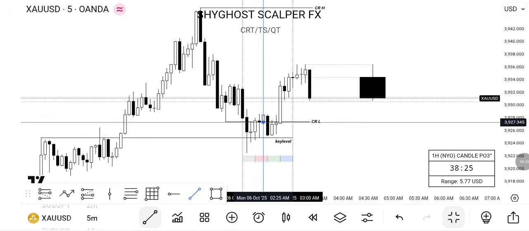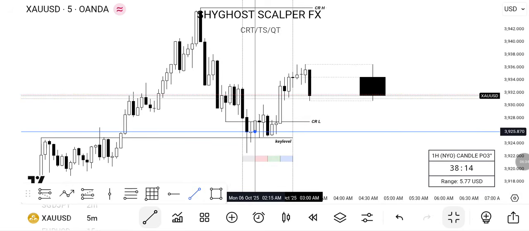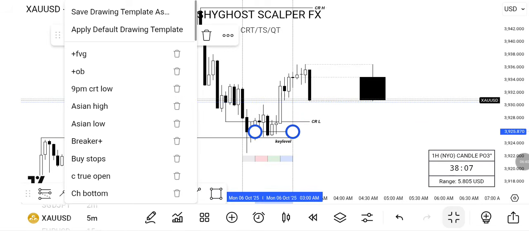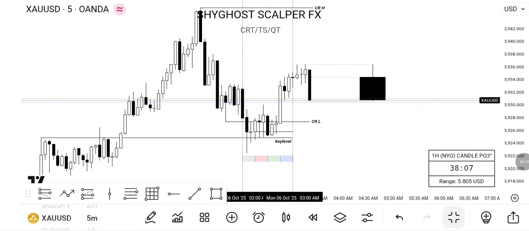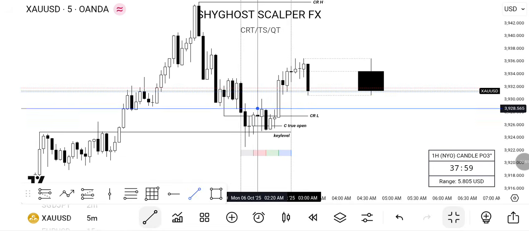So always we mark the opening price of the first candle in the red box, which is gonna be this bullish candle, right? It's gonna be our candle true open. This is gonna be our H1 true open, this bullish candle.